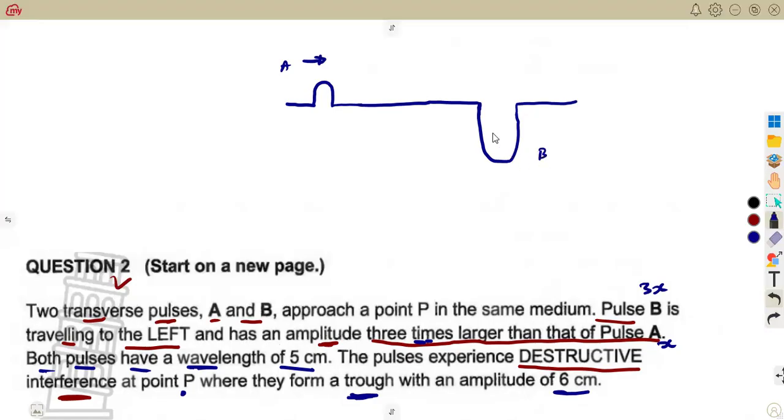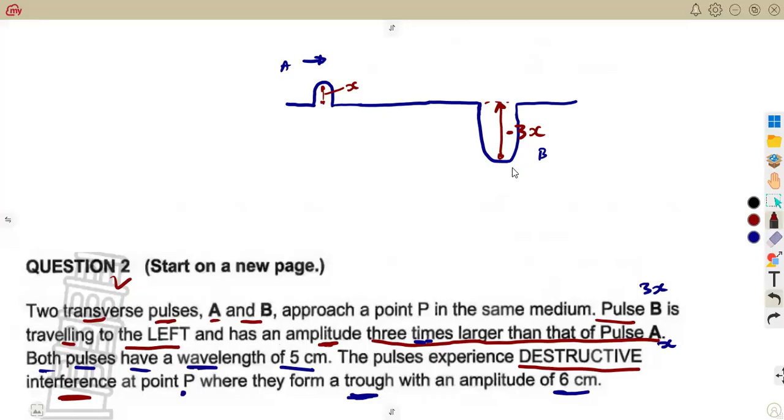And we are told that B is 3 times A. So if A is X in terms of the amplitude, this one is going to be 3X. But take note, this is 3X on the negative side. So we can refer to this one as negative 3X. This is the condition. As they are moving towards P, where they are going to have that disturbance, the destructive interference.